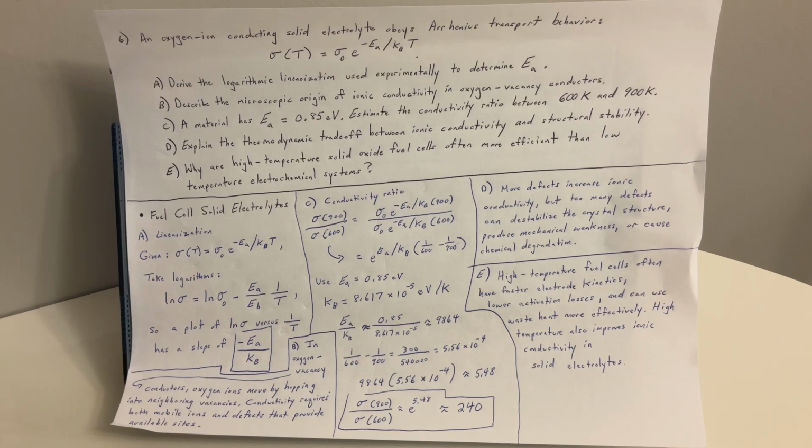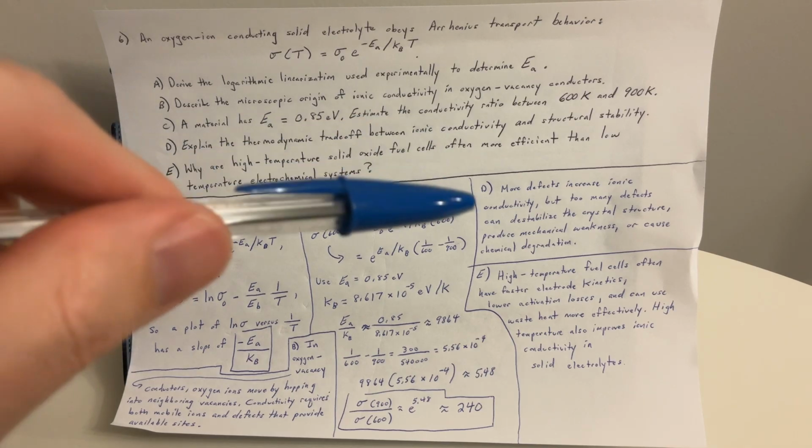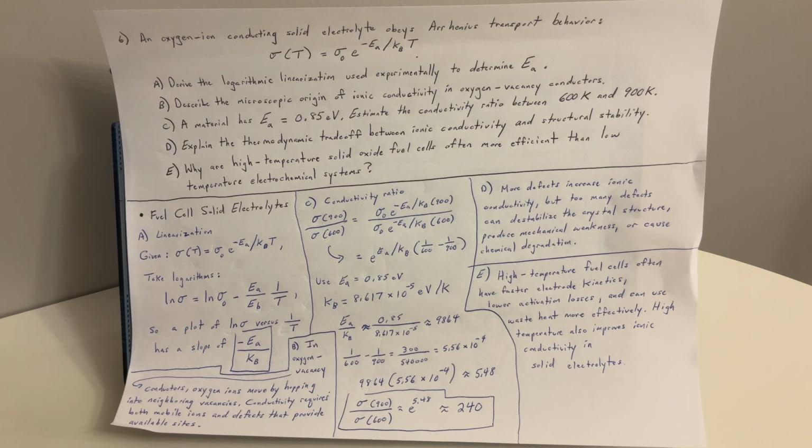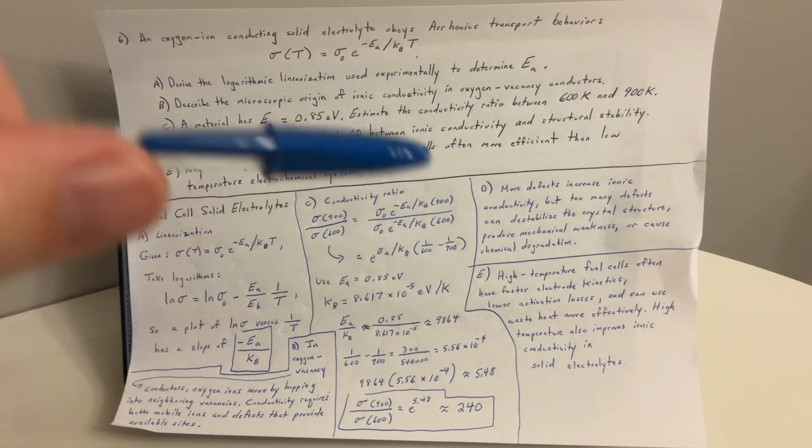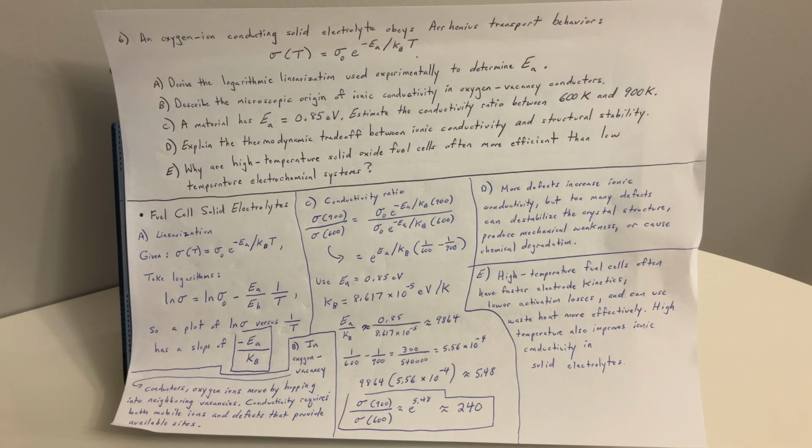Part D, explain the thermodynamic trade-off between ionic conductivity and structural stability. For letter D, more defects increase ionic conductivity, but too many defects can destabilize the crystal structure, produce mechanical weakness, or cause chemical degradation. And part E, why are high-temperature solid oxide fuel cells often more efficient than low-temperature electrochemical systems?